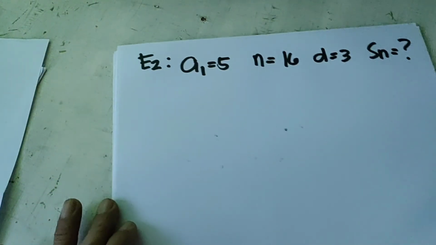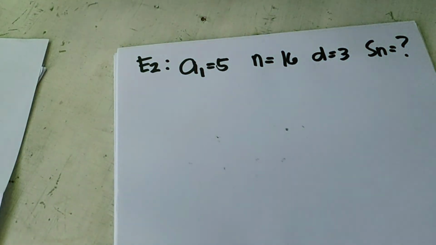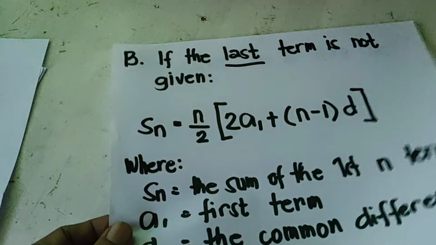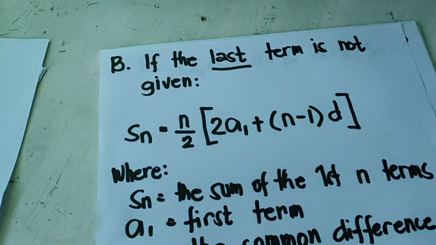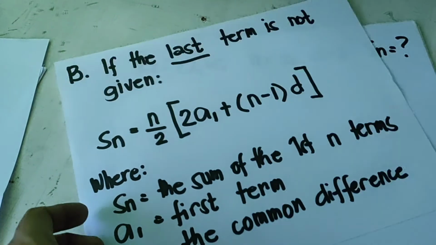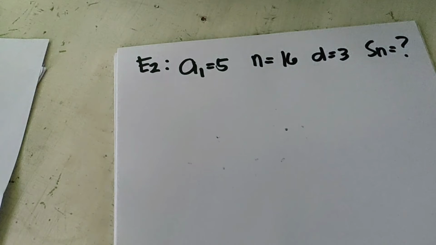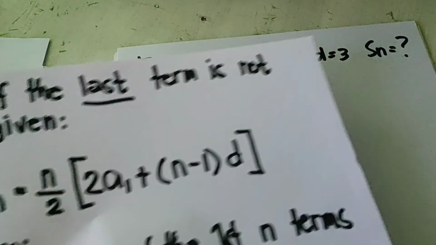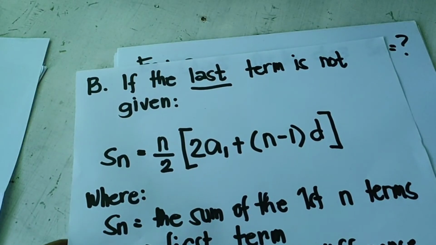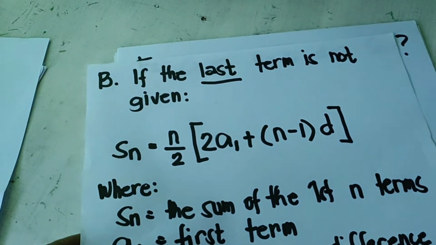Okay, so on this example, we are going to use this formula, Sn is equal to n over 2 multiplied by the quantity of 2a sub 1 plus n minus 1 times the difference. Okay, so since our given has the value of the difference, we are going to use this formula, Sn is equal to n over 2 times the quantity of 2a sub 1 plus n minus 1 times the difference.